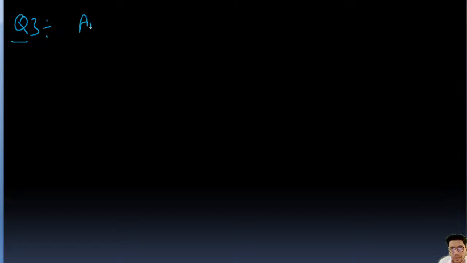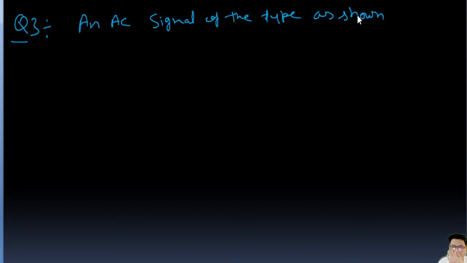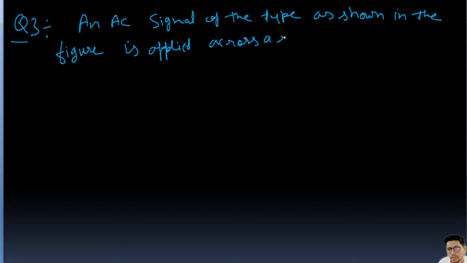An AC signal of the type as shown in the figure is applied across a resistor R equal to 1 ohm.